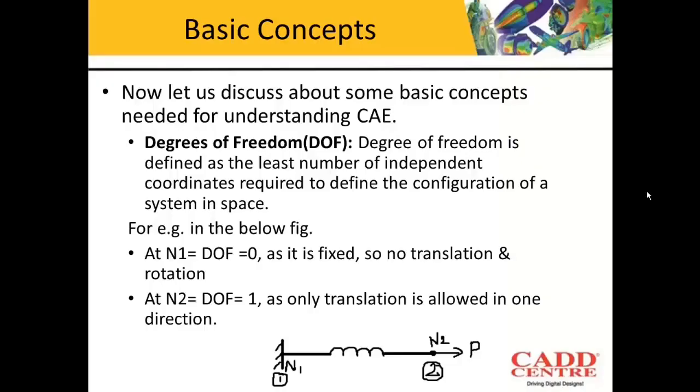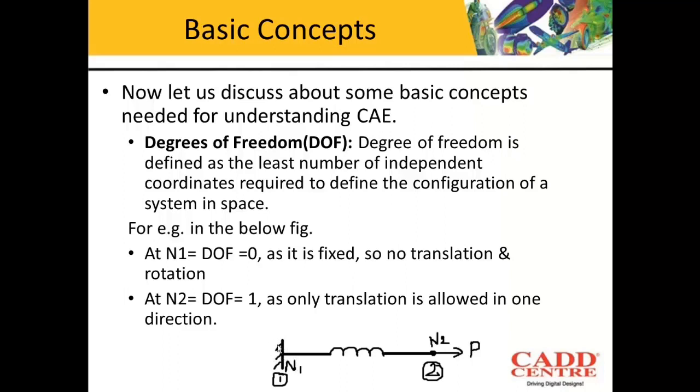Now let us discuss some other important concepts that will be needed in understanding CAE. The first one is degrees of freedom. There are 6 degrees of freedom, defined as the least number of independent coordinates required to define the configuration of a system in space. If you see the figure below, at node number 1, the degrees of freedom available is 0.